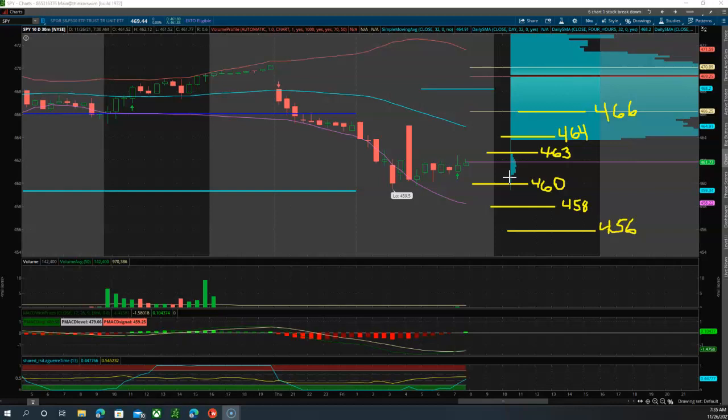And because we're not sure whether we're going to end up back at 463, back at 464, or above 466, the safe way to short these rallies is by using put verticals. Buy the high side or high put and sell the target, the lower put.